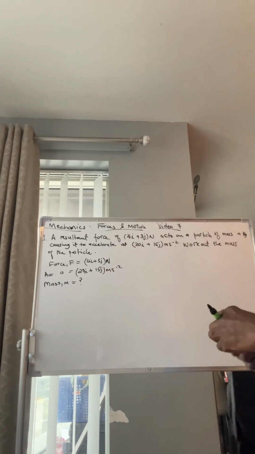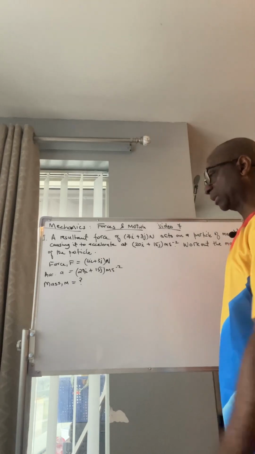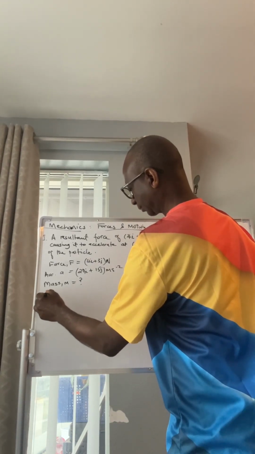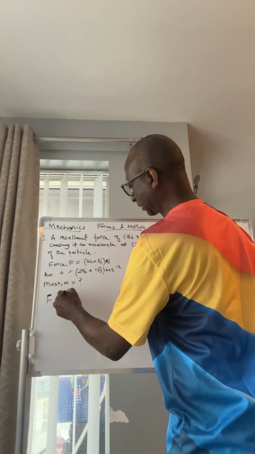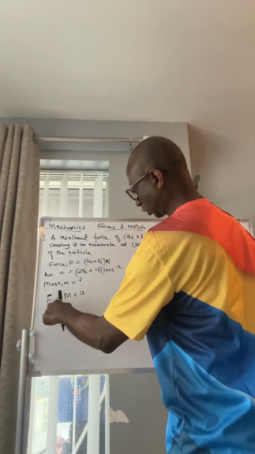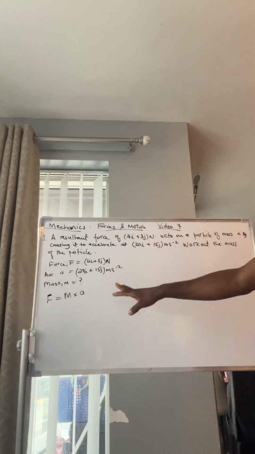But when the acceleration is constant like this, you just apply Newton's second law of motion, which says that the force is equal to the mass of the particle times the acceleration which the force caused on this particle. So F is equal to m times a.